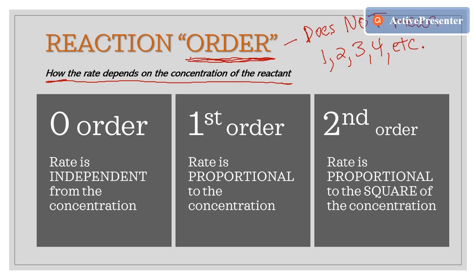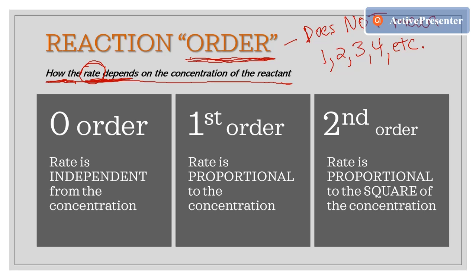So the rate is affected by how concentrated that molecule is. In our previous example, it was molecule A. And so the rate is going to depend on if we started out with a concentration of 10 moles of molecule A, or if we started out with a concentration of 10,000 moles of molecule A. That's all going to affect the rate.